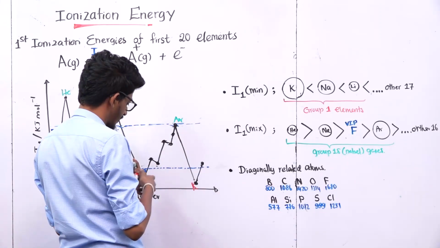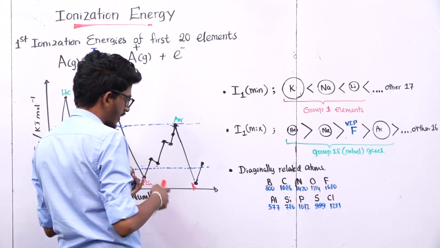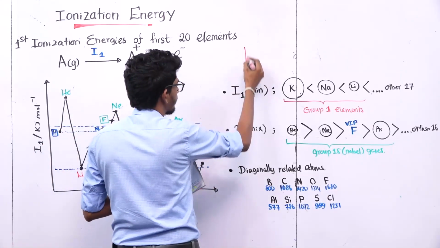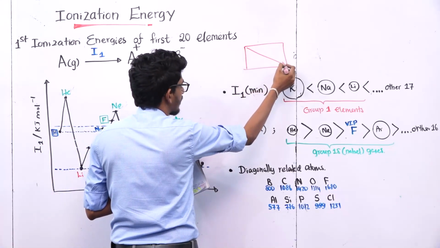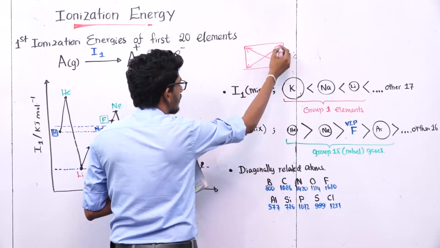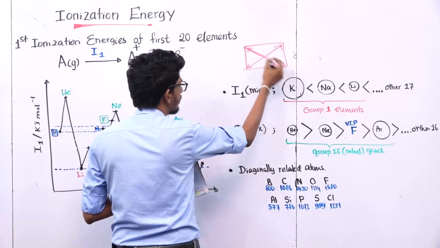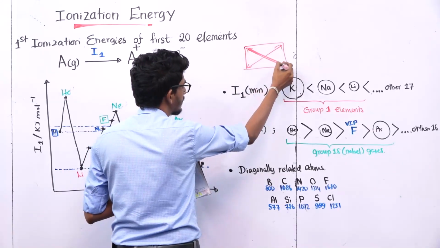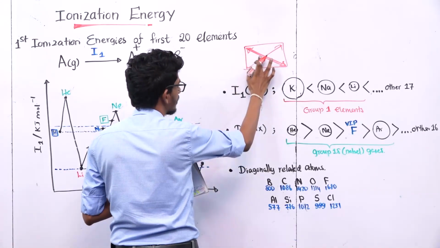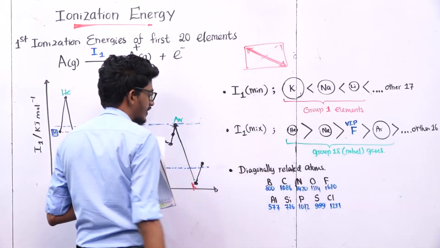Normally in mathematics, these are referred to as diagonals. In chemistry, only this is referred to as a diagonal. In diagonal relationships, we are considering only this in chemistry, not this. This is the diagonal relationship in chemistry.